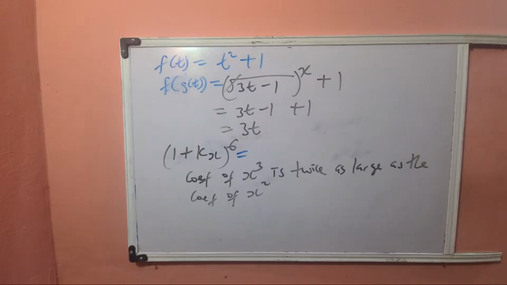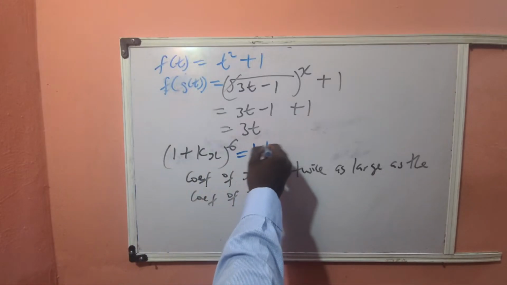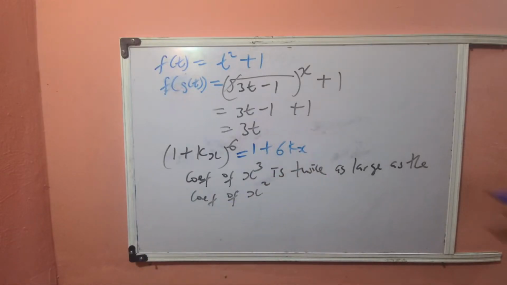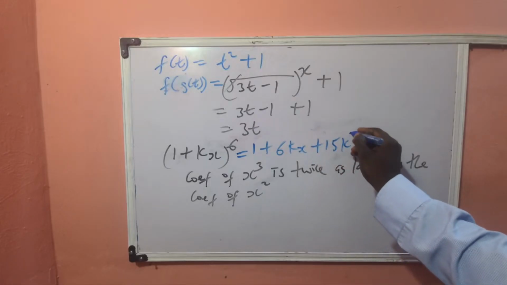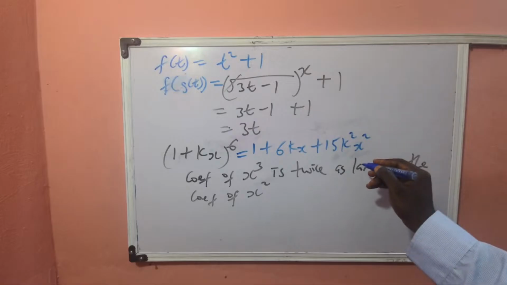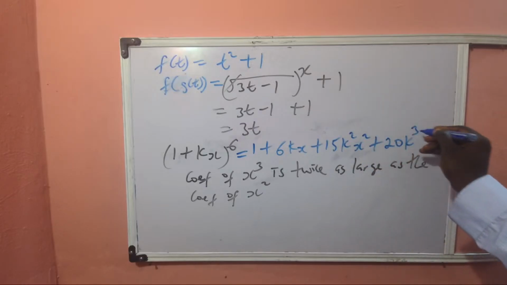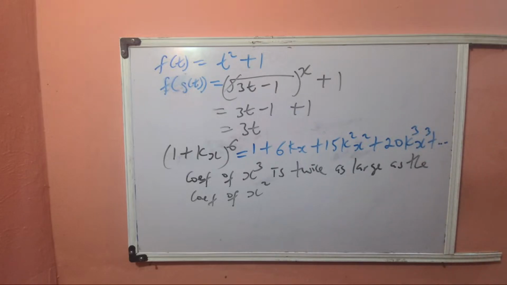When you expand this particular expression, you get 1 plus 6kx plus 15k squared x squared plus 20k cubed x cubed and on and on.